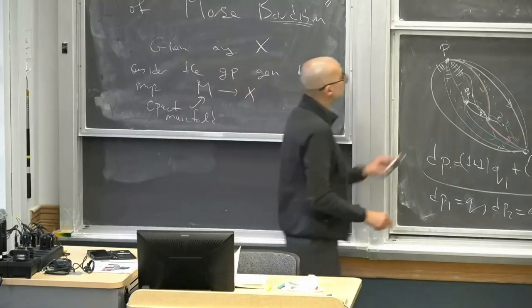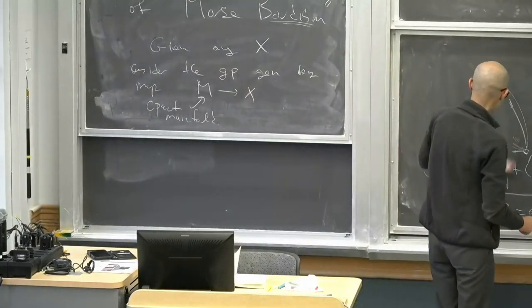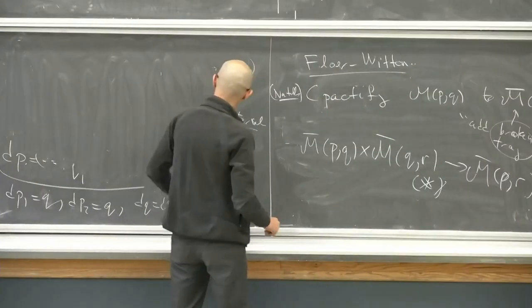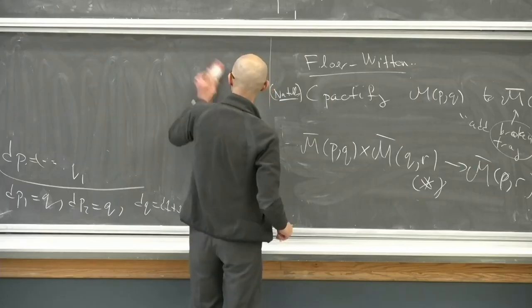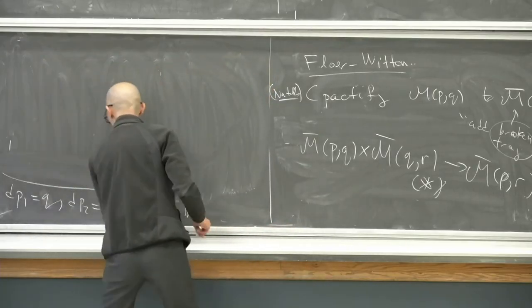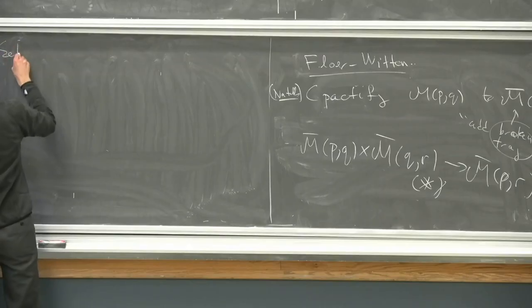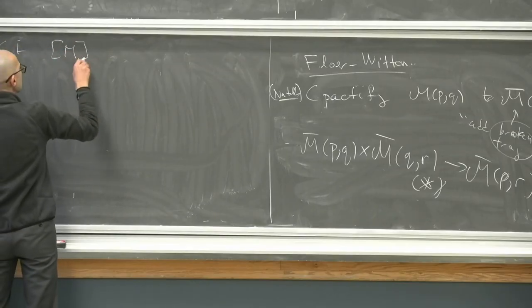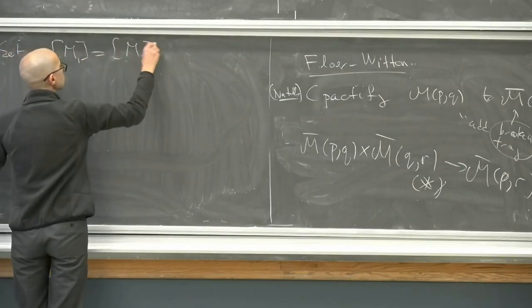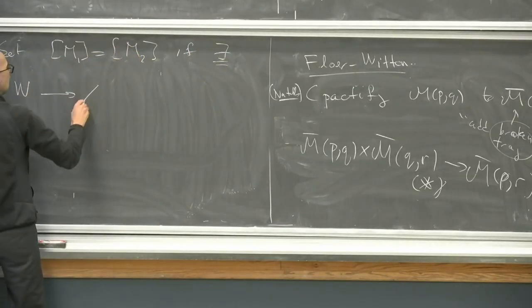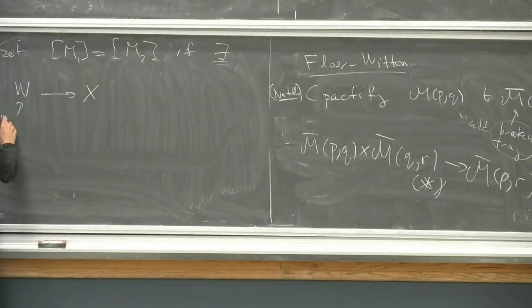And on this group, there is an equivalence relation, which is that two things are identified if you can find a manifold with boundary of one higher dimension whose boundary is their disjoint union. So we set the Bordism class of M1 equals the Bordism class of M2 if there exists a W to X, which is a manifold with boundary, compact.